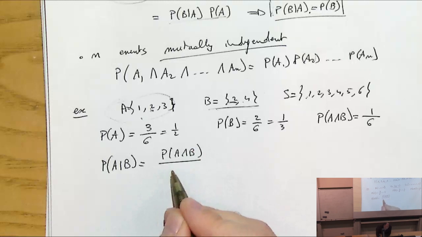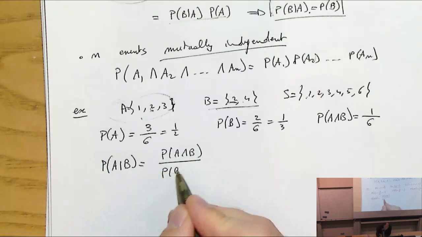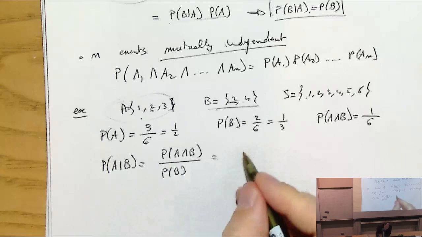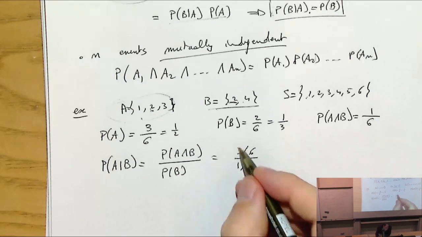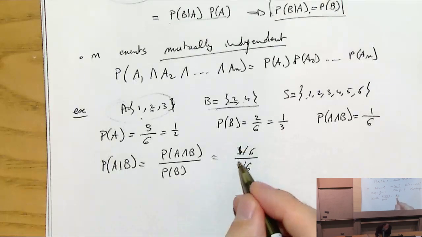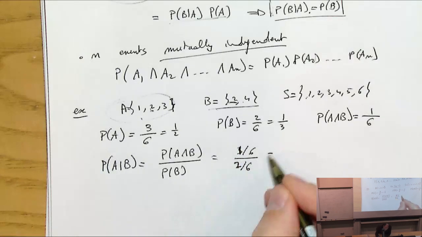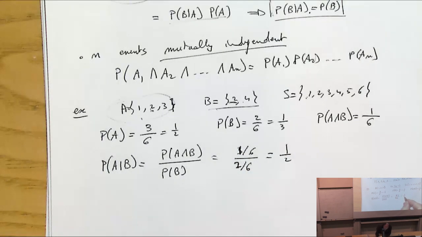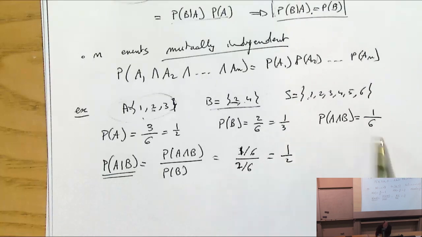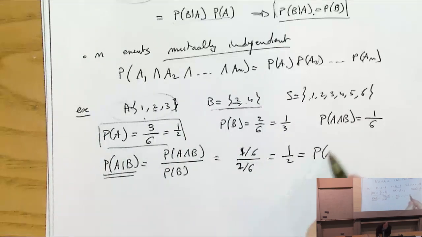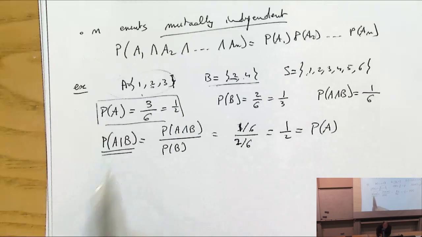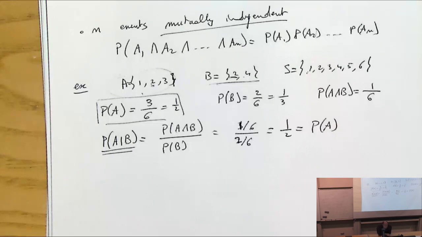This is P of A intersection B divided by P of B. This is 1 over 6 divided by 2 over 6. So this is 1/2. And so what you note here is that P of A given B is 1/2, which is equal to P of A. So in this case, those 2 events, A and B, indeed are independent from each other.